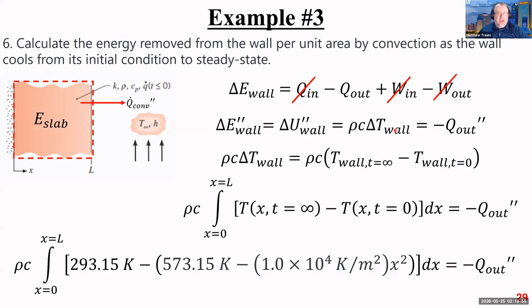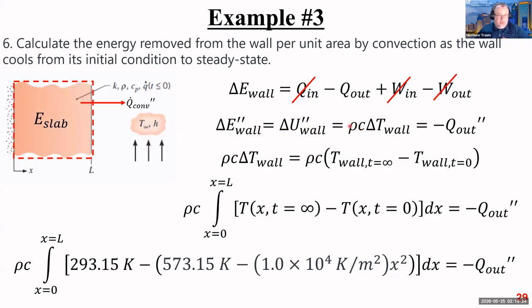And then I know for a solid that U is just m C delta T. But I'm doing this on a per unit area basis. So I take the volume and I take the mass and I divide by the volume, and that gets me the density, right? So the density here is taking the place of the mass because I'm doing this on a per unit area basis.